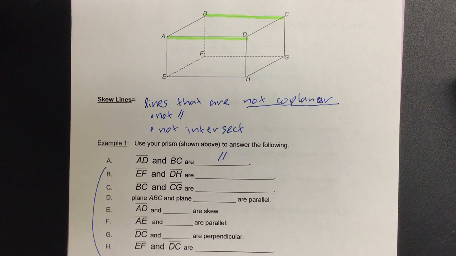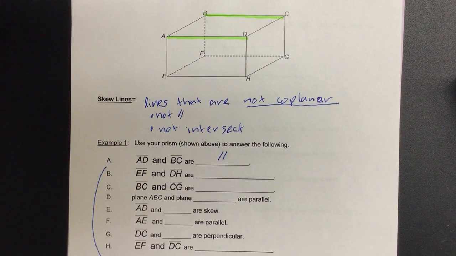Because they're not parallel. They only have to be going the same. BC and CG. They intersect. What does that mean? They're planes. Coplanar.